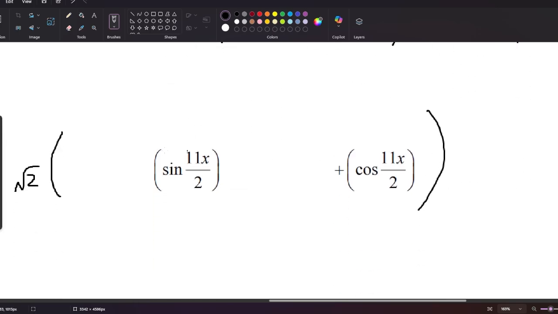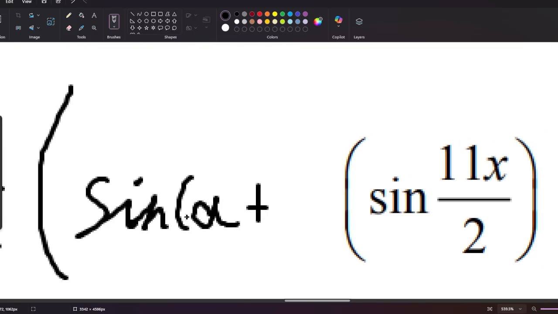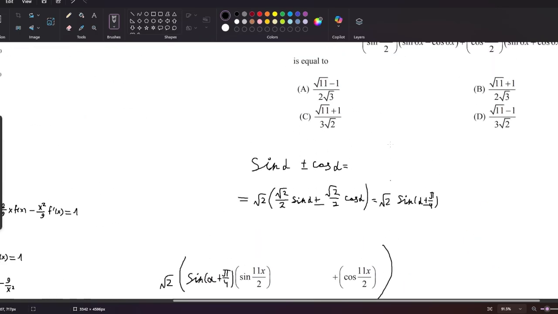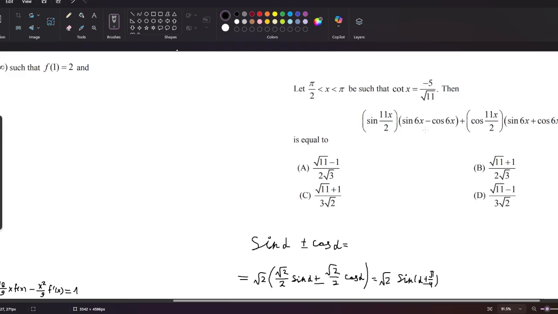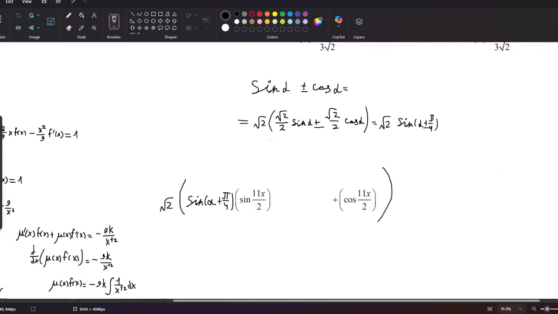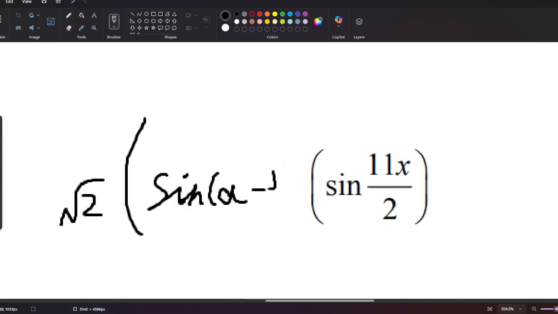And we have sine of alpha plus pi over 4. Okay, no, it was in a different order. It's minus pi over 4 here.